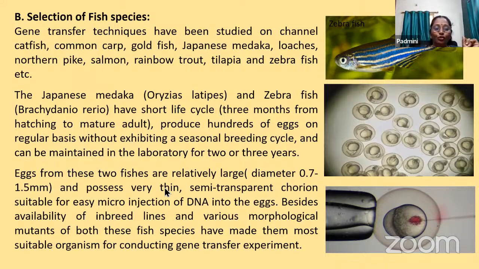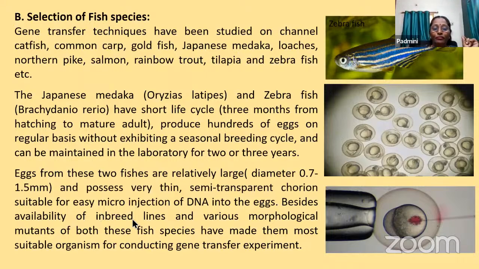So eggs from these two fishes are relatively large. What is the diameter? 0.7 to 1.5 mm diameter. You can see the eggs over there. And they possess a very thin semi-transparent chorion, and it's easy for microinjection of DNA into the eggs. So you can easily inject anything that you want into the pronucleus of your interest.